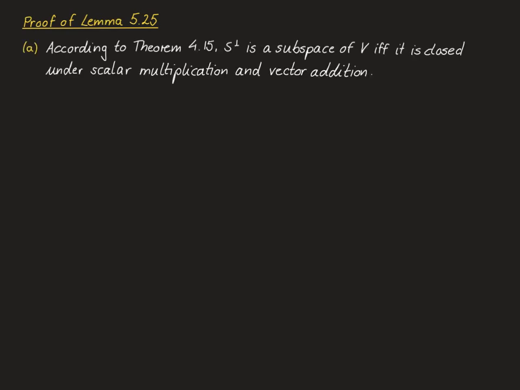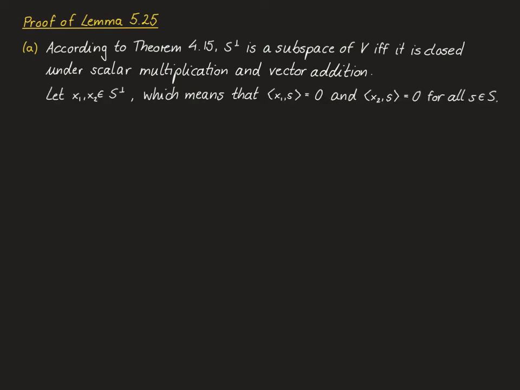So let's prove the statements in lemma 525. For part A, according to Theorem 415, S perp is a subspace if and only if it is closed under scalar multiplication and vector addition.